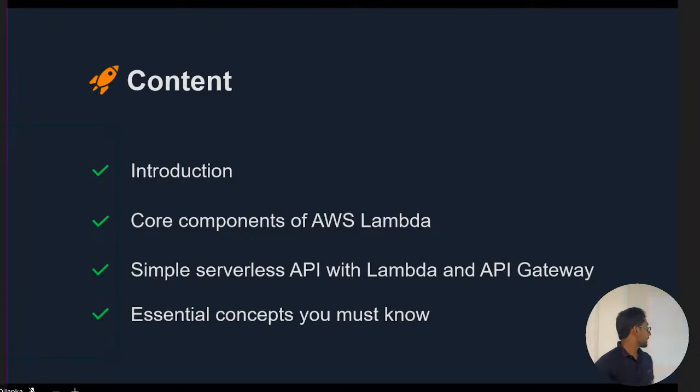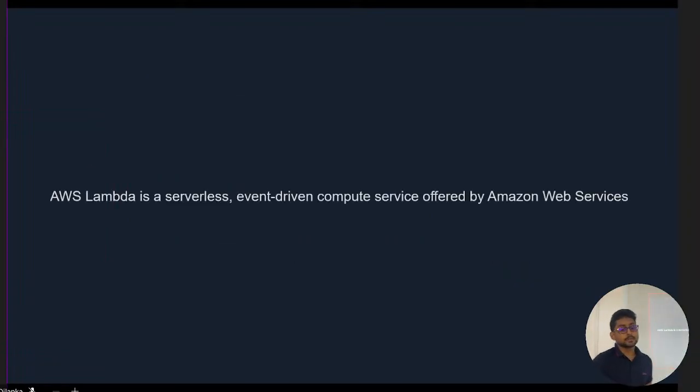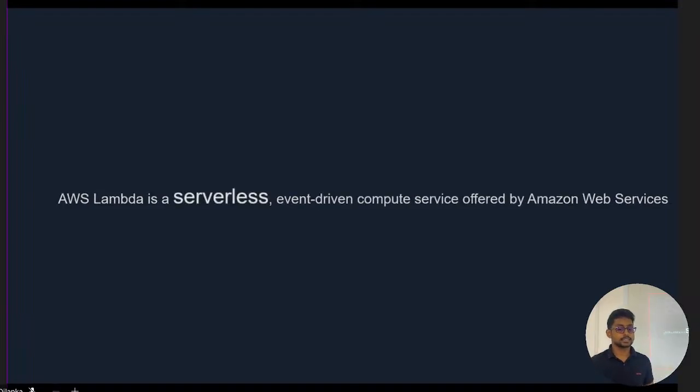So moving on, what is AWS Lambda? The main question. AWS Lambda is a serverless, event-driven compute service offered by Amazon Web Services. Here, I want to highlight two keywords. The first one is serverless.